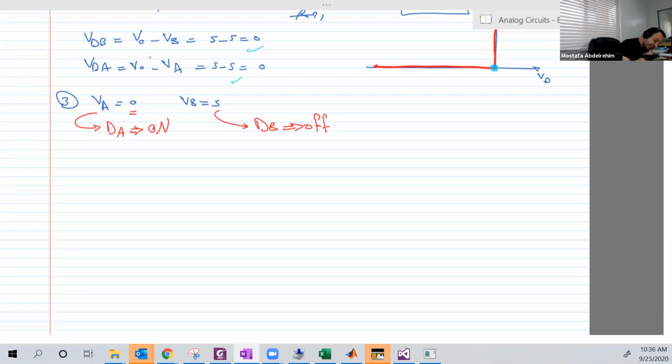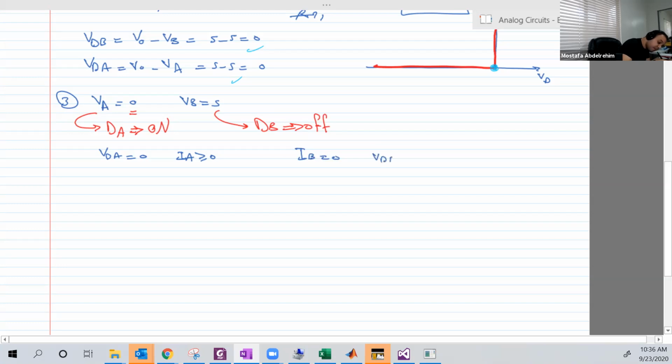If it's not correct, you can of course make another assumption. So let's do the calculations. If DA is on, we know the voltage drop VDA should be 0, but the current IA should be larger than or equal to 0. If DB is off, we know the current must be 0, but the voltage VDB is less than or equal to 0, 0 or negative.